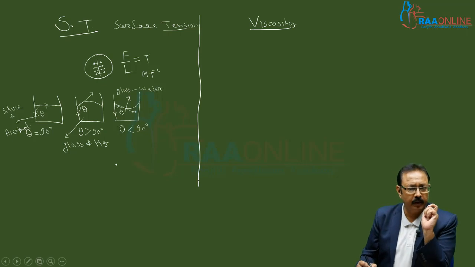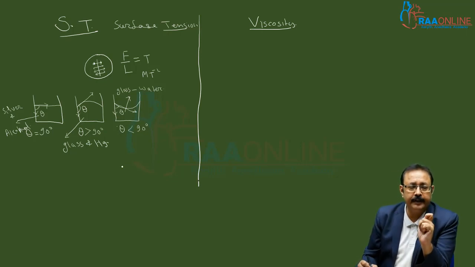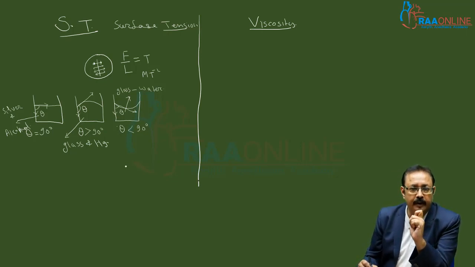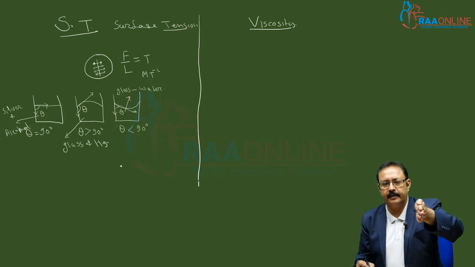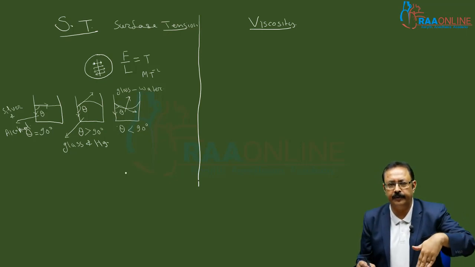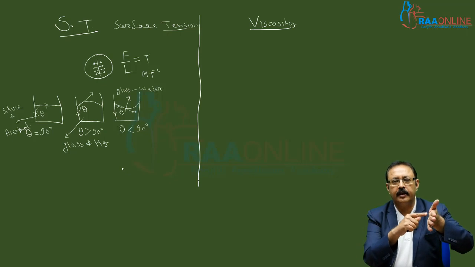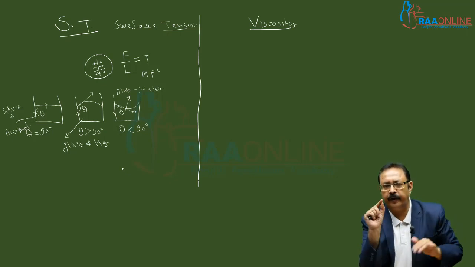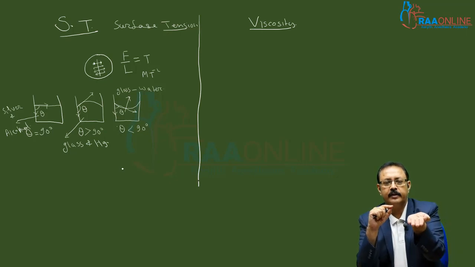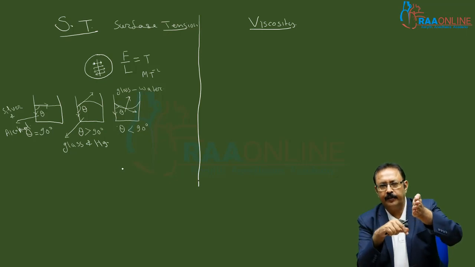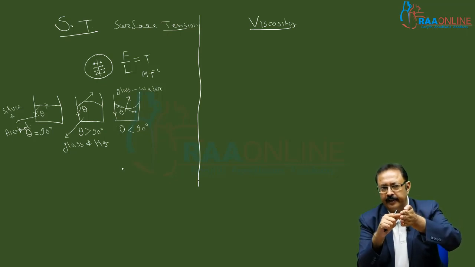So you know that water wets the glass. If on a glass surface you put water and tilt this surface like this, maximum water will fall down. But if you touch your finger to the glass surface, you will find some water molecules are present there. But if you put mercury on a glass surface and tilt it like this, mercury will fall down. Now if you touch the glass surface, no mercury is there.